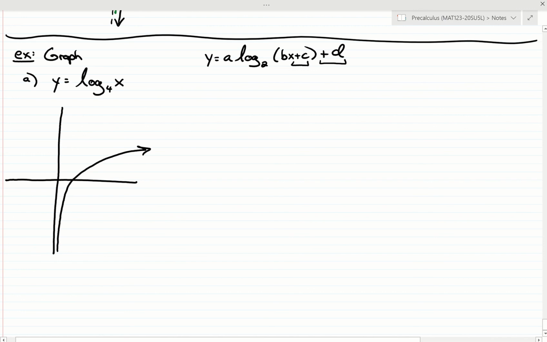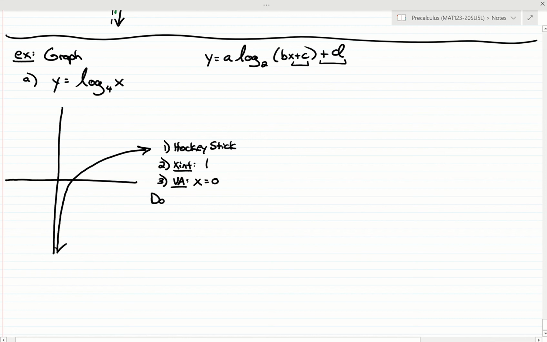It would look like this. One thing is our hockey stick. Second thing is our x-intercept is at 1. And our vertical asymptote is at x equals 0.